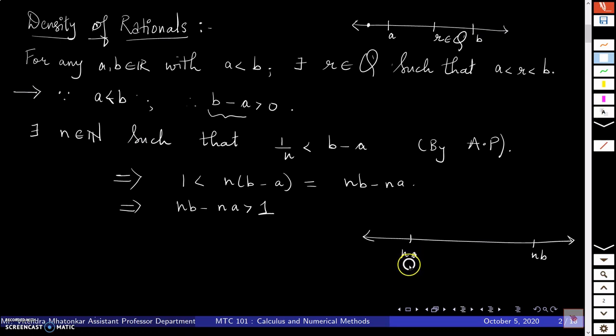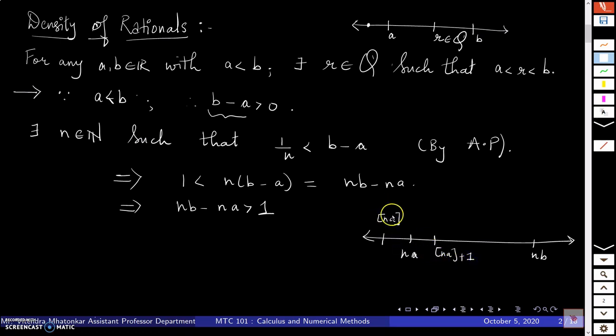So I can find such an integer, and that is nothing but the integral value of this real number na, such that na is going to lie between the integral part of na and the integral part of na plus 1.